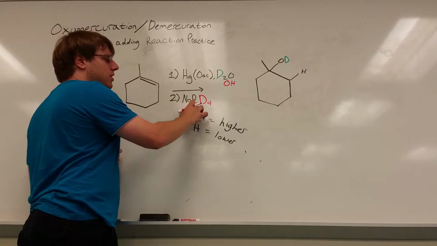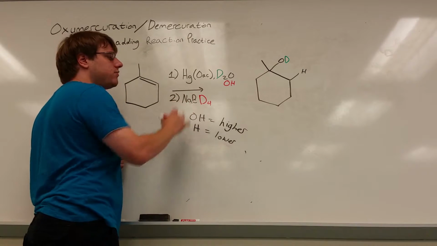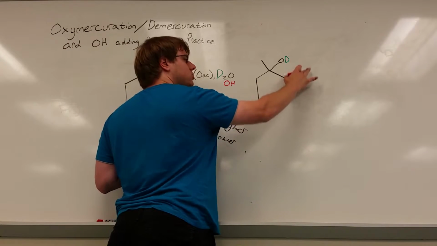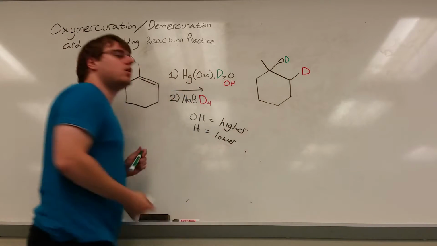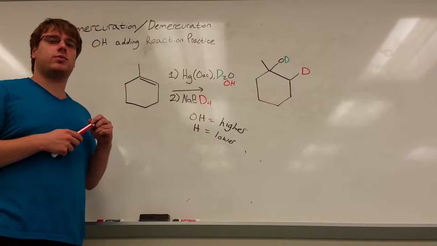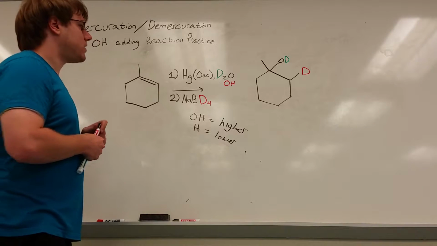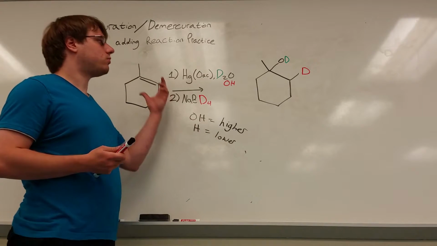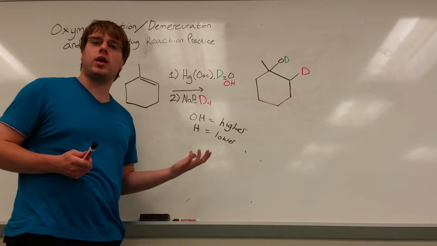And if you see NaBD4 in your arrow, that means this hydrogen should be a deuterium. Okay? So just pay attention to that. I've seen questions on this a number of times, especially in the summer course. And that's really all there is to oxymercuration. You know your rules about degree, you know your rules about what gives you what, and you're fine.